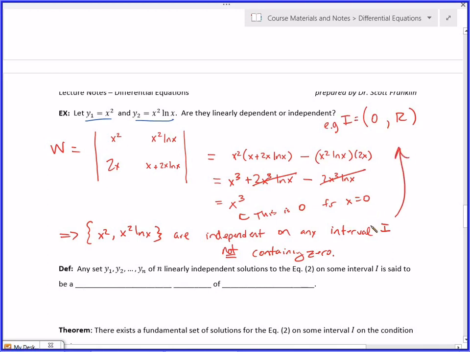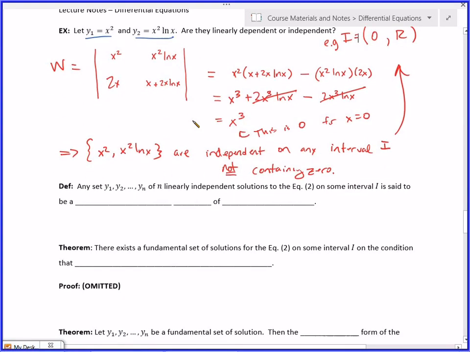But they would be dependent on an interval that contains 0. That's the theorem about using the Wronskian for finding whether or not functions are independent. Okay, stop there. I'm done.